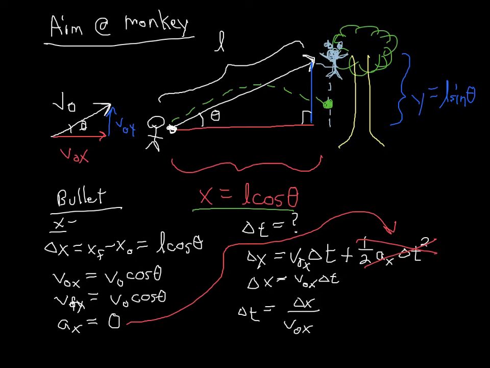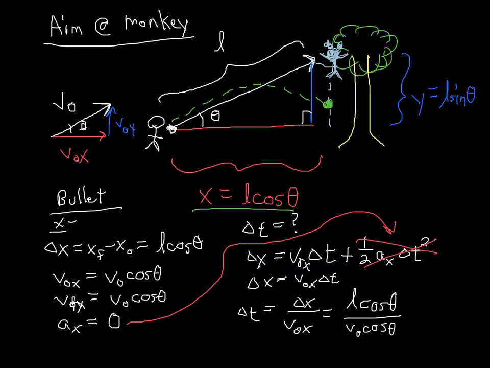And if I come back over here to everything that I've solved for, all the things that I knew at the very beginning, I actually have some variables I can write down for this. I know what delta x is in terms of my angle theta, and I know what v0x is in terms of this angle theta. So I can write that down. I'm just going to plug in for my delta x and my v initial x, and I find L cosine of theta over v0 cosine of theta.